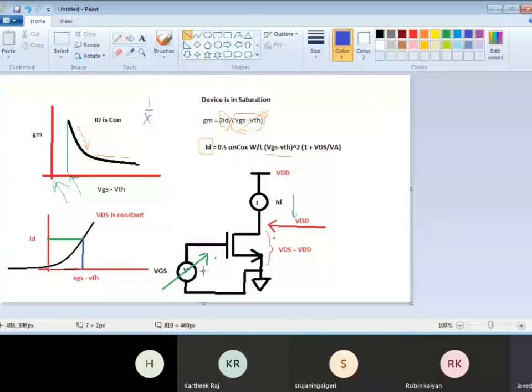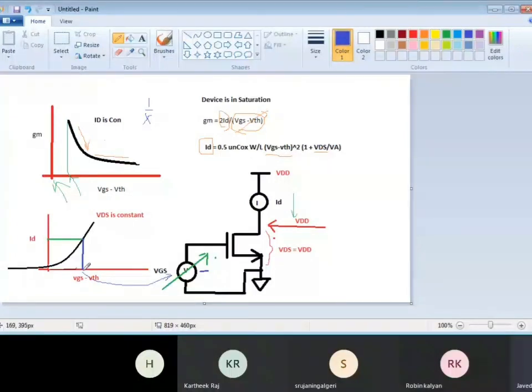So this is also fixed now. For constant ID, the bias is fixed here. This is that bias point that you are going to refer. So this VGS minus VT is what you are going to apply here. Once this is applied, you have a constant current and a constant voltage, your environment is fixed.